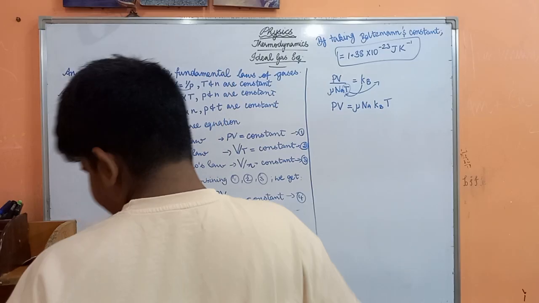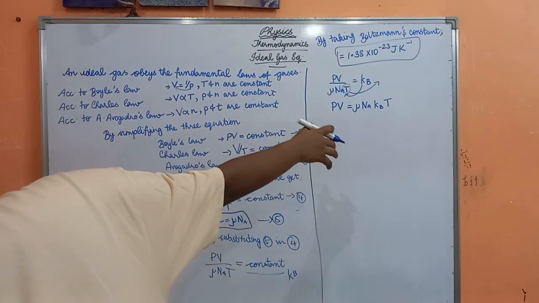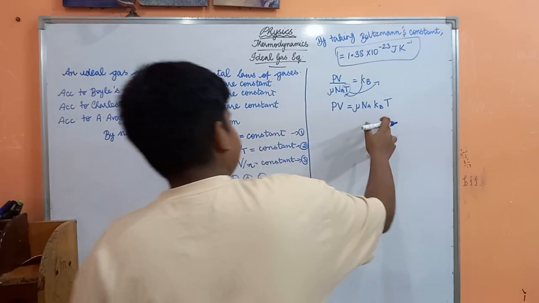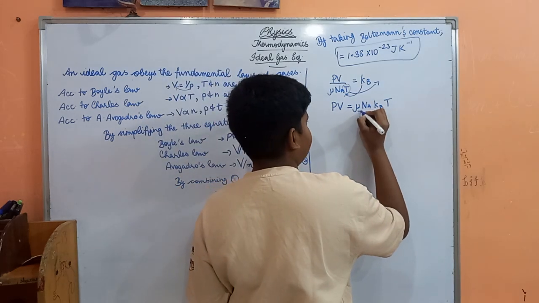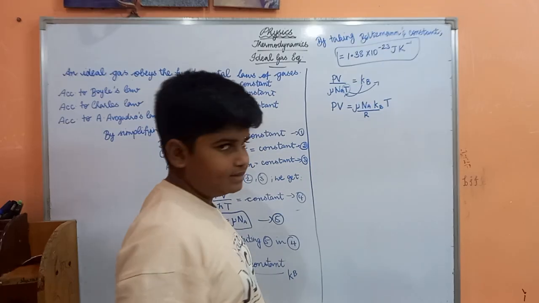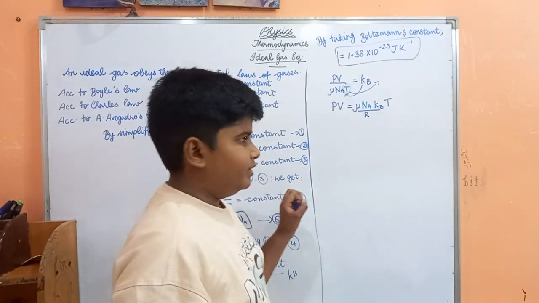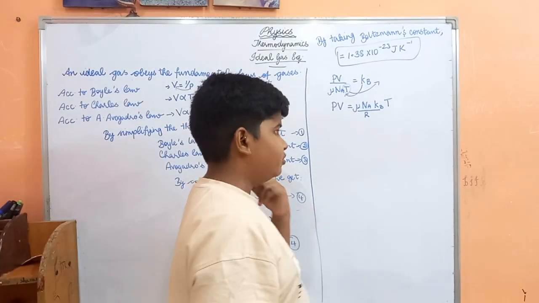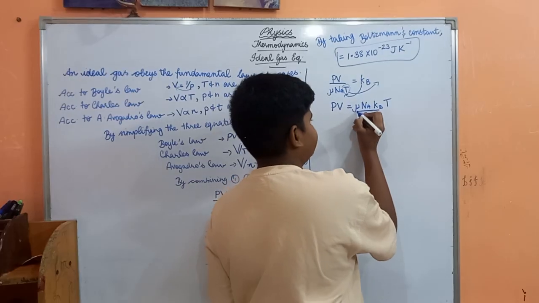So guys, we can take this. This is R because this is the universal gas constant. The universal gas symbol. I won't say a symbol, but rather a sign abbreviation.